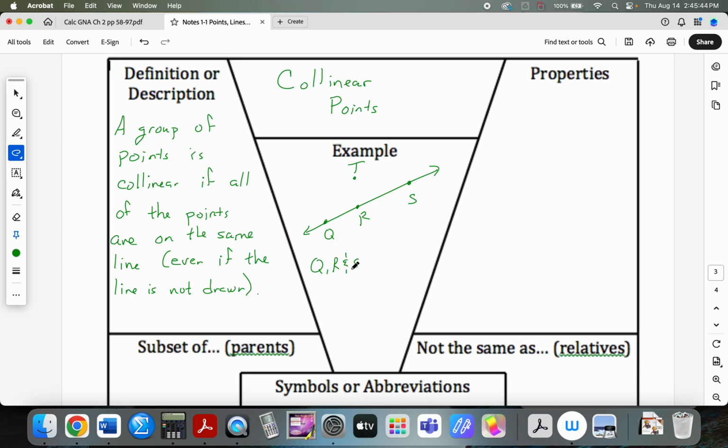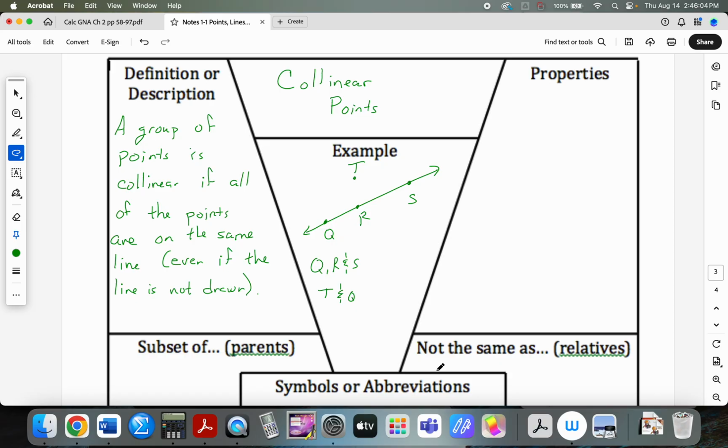They're all on that one line. T is collinear with all three. I mean, all three of them separately, right? Right, so T and Q are also collinear.